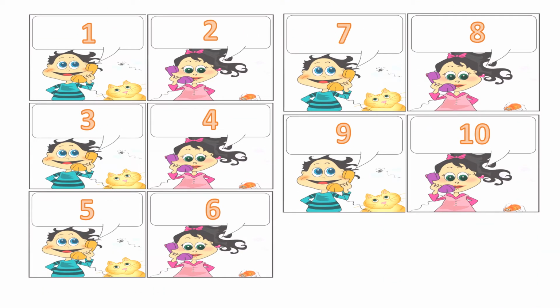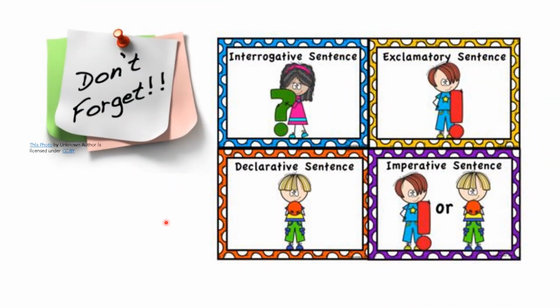So these are the speech bubbles. You will see that we have 10 speech bubbles. You are going to write your sentences there. Okay? Don't forget to use the different kinds of sentences.